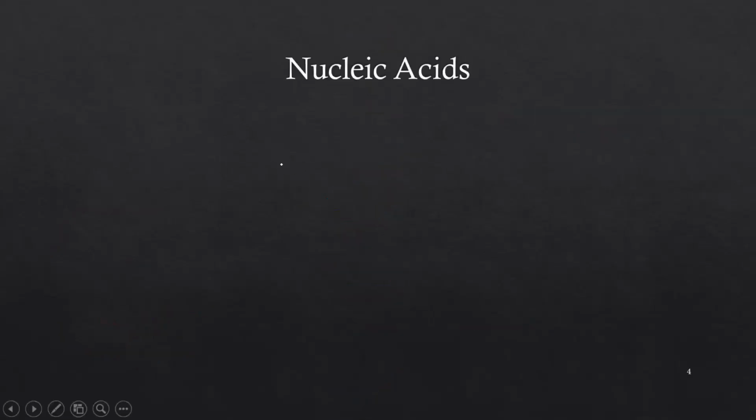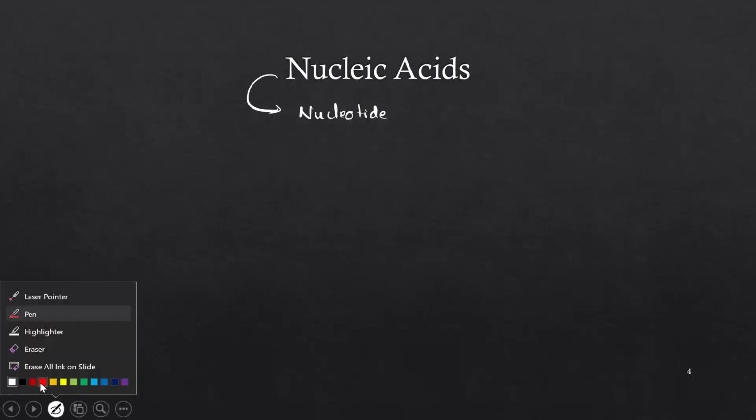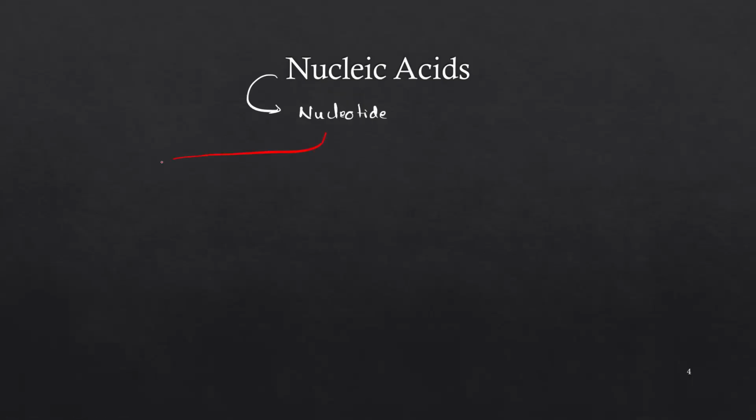Let's talk about this DNA. This DNA is made up of nucleotides. DNA is a polymer and it is made up of a single monomer called a nucleotide. This nucleotide consists of three things. One is a 5 carbon monosaccharide.